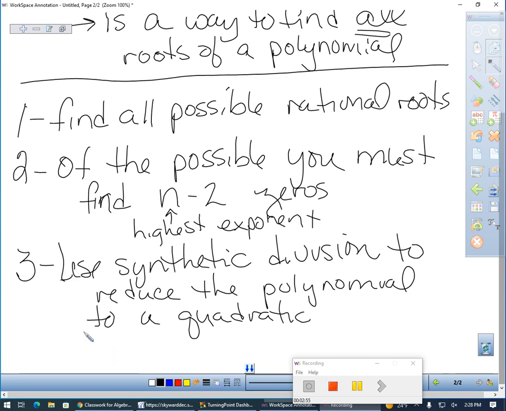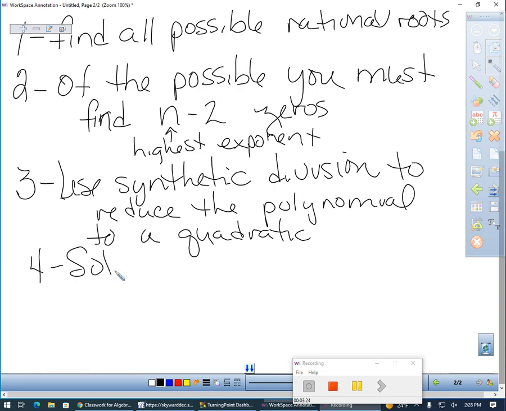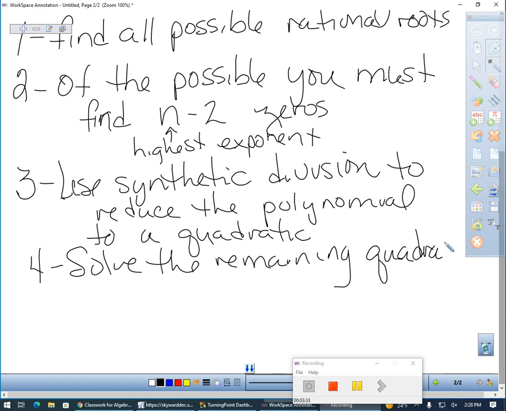All right. Then, step 4. Solve the remaining quadratic, again, by whatever method you choose.